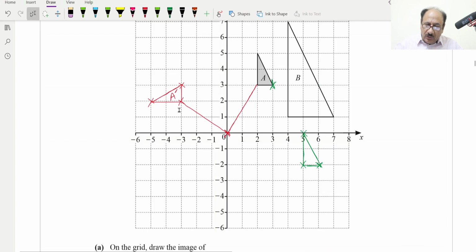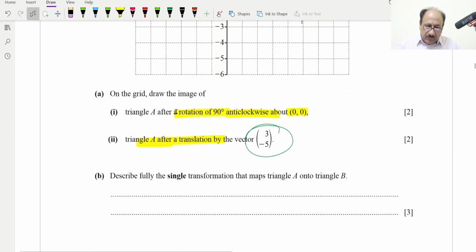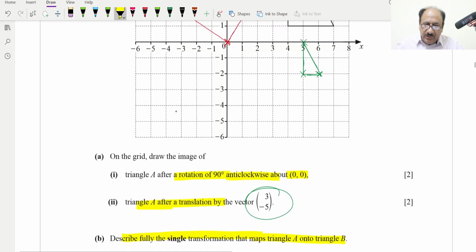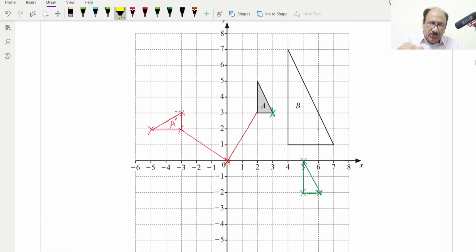And now after this, B part, they're saying describe fully the single transformation that maps triangle A onto triangle B. A onto B. So what we will do is draw this one.